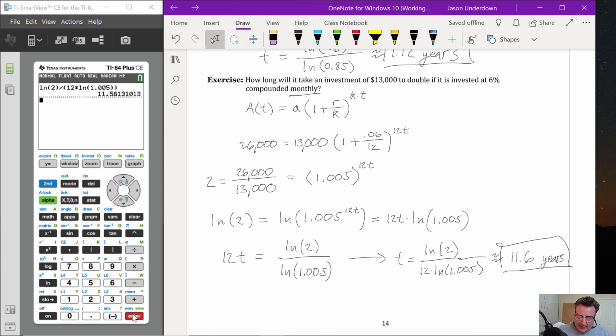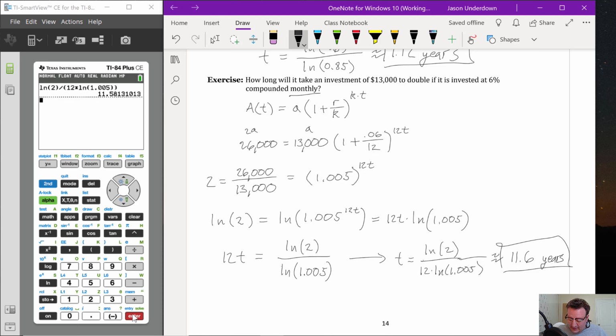Notice that this is A right here. A is 13,000, but what is this value over here? It's just 2A. So no matter what you put into the account initially, it's kind of irrelevant. It always cancels out of the equation that you eventually need to solve.